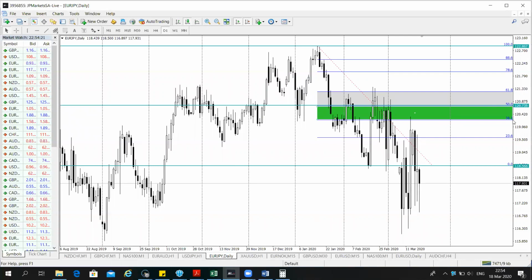You either buy below the 38.2 or you sell above the 61.8. You can see this is just a liquidity region. You sell above the 61.8. I'd always advise that people should sell 50 pips above this one. So you can count how many are 50 pips, let's say 55 pips.